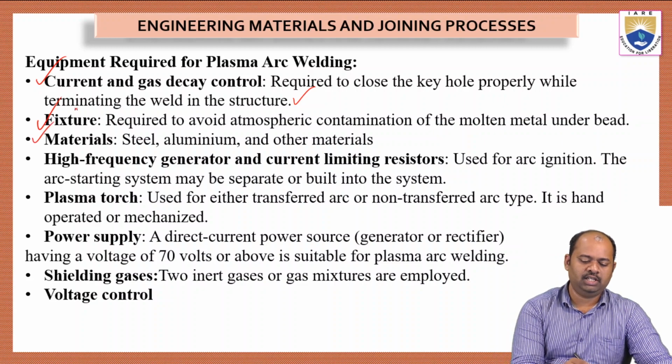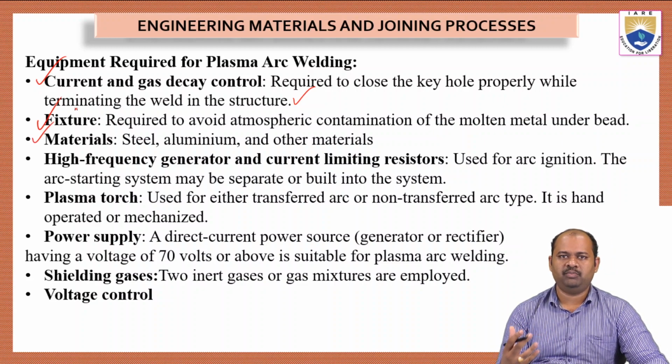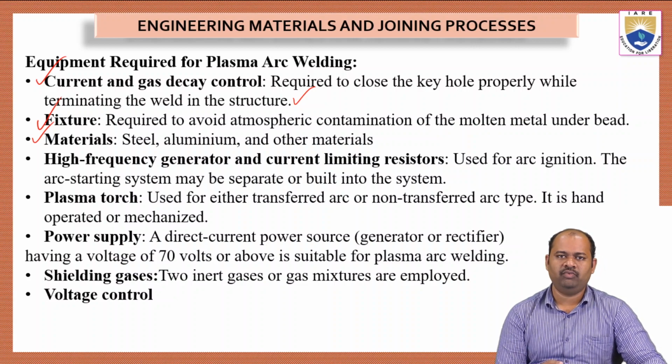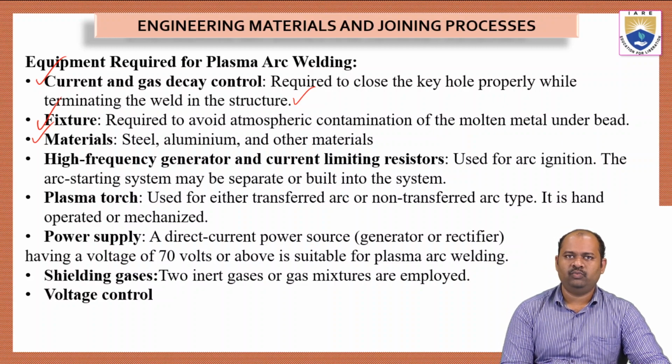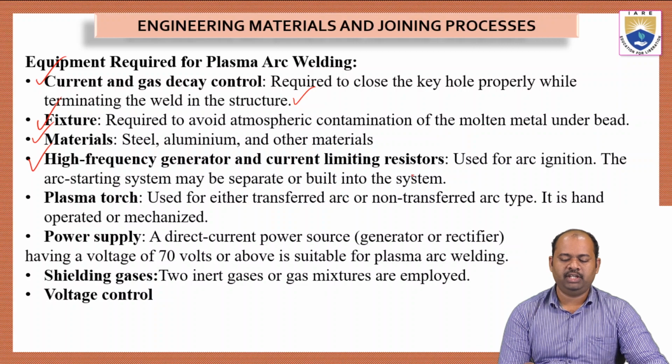And then we have materials like steel, aluminum and other materials required to be used as a filler metal. We know in welding we have to use some kind of filler metal. So in this we have to use steel, aluminum and other metals for filling. And then we have high frequency generator and current limiting resistors.